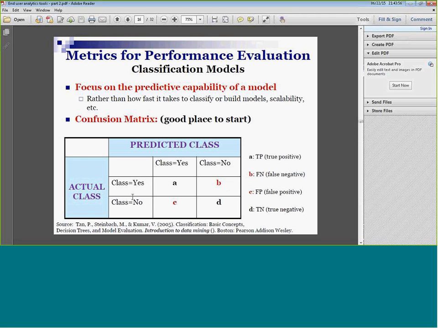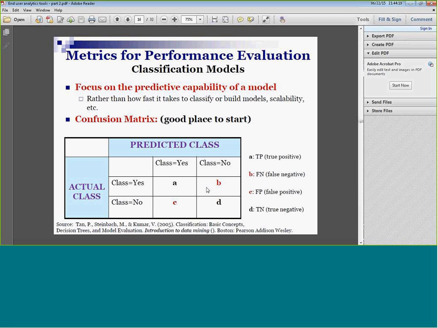True negatives. And if they did not leave the firm, but the model predicted they would, those are false positives. Now I'm using the churn model. This is just as useful for medical problems. Trying to predict whether someone has cancer or something like that. You've all heard the terms false positive, false negatives, type 1, type 2 errors, and that's basically what this is. Now let's take it a little further.